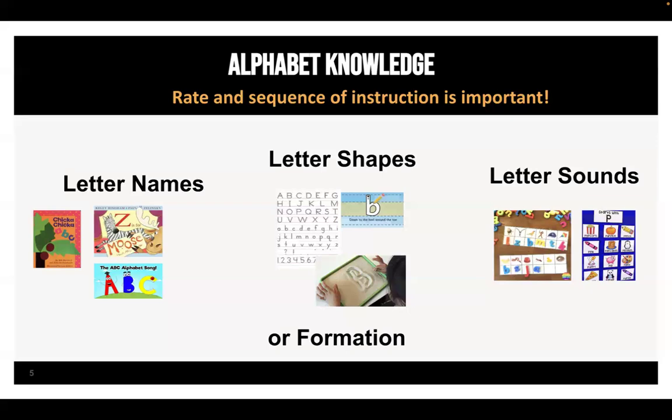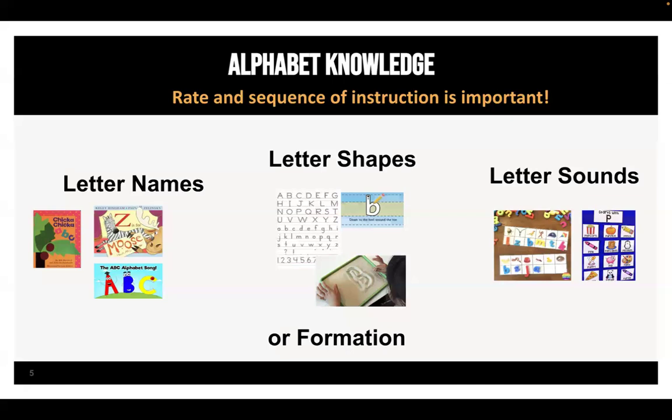The rate and the sequence of instruction here is important. For many years, lots of early literacy classrooms practiced a letter a week model where they stretched the alphabet out across an entire school year, teaching one letter per week.